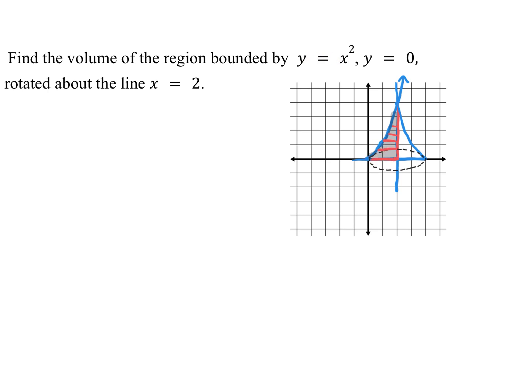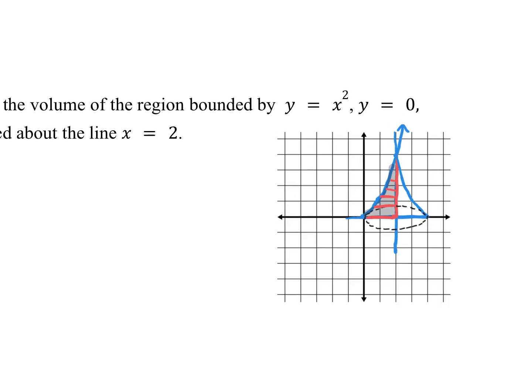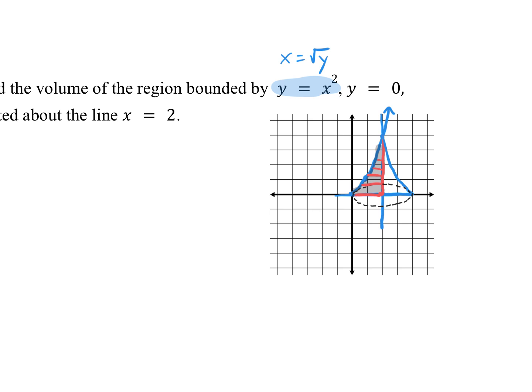So for this quadratic here, we're actually going to want to rewrite it as x equals the square root of y, and I'm just going to keep the positive square root because we're just working with the positive half of our graph, so we don't have to worry about the negative half. So again, this function is the square root of y. This is x equals 2, so we're always going to do right minus left.